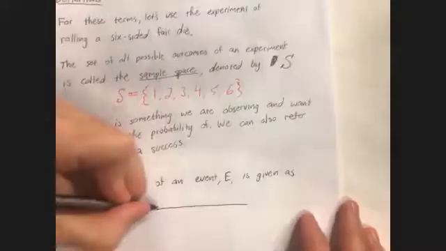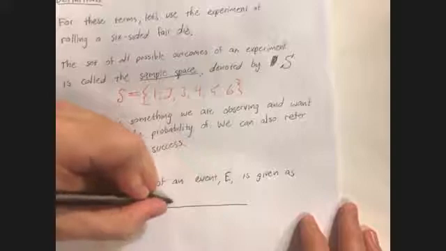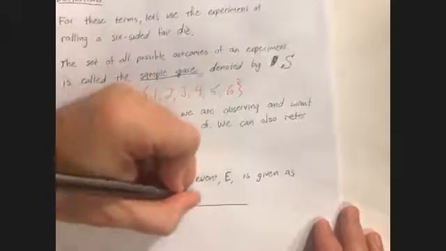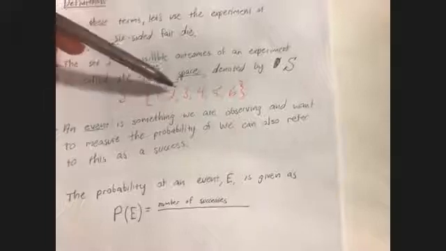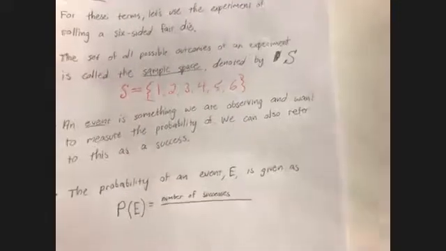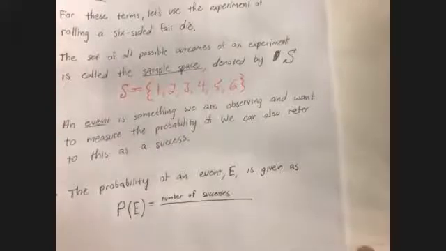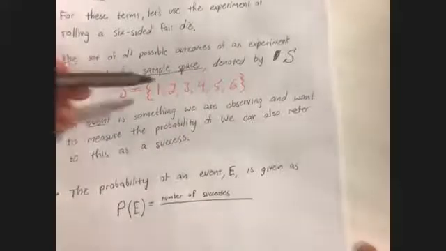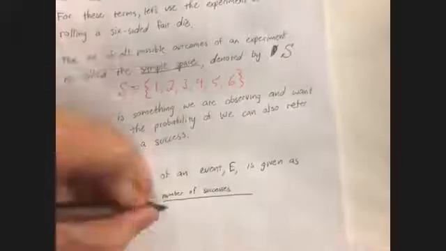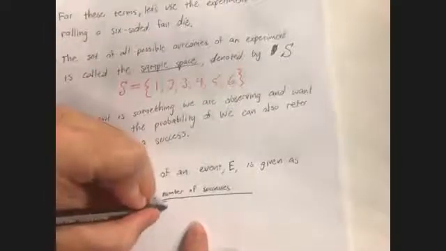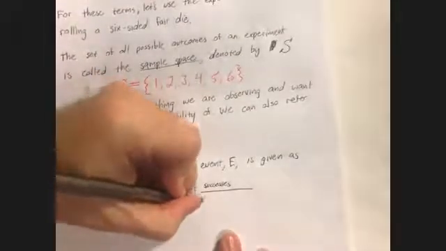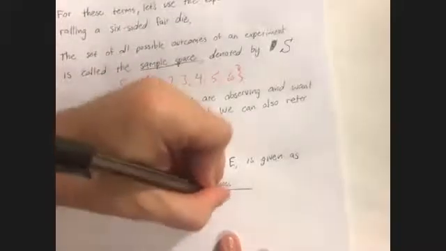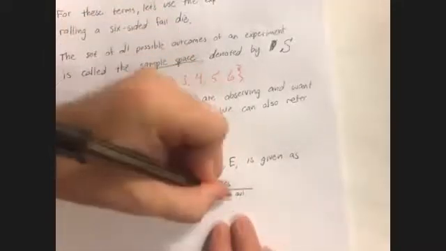By definition, that is the number of successes, the number of ways to do that event. If I wanted to roll an even number, there's 1, 2, 3 of those, so the number of successes would be 3. The total number of things in our sample space is 6. So the number on the bottom is the number of possible outcomes.